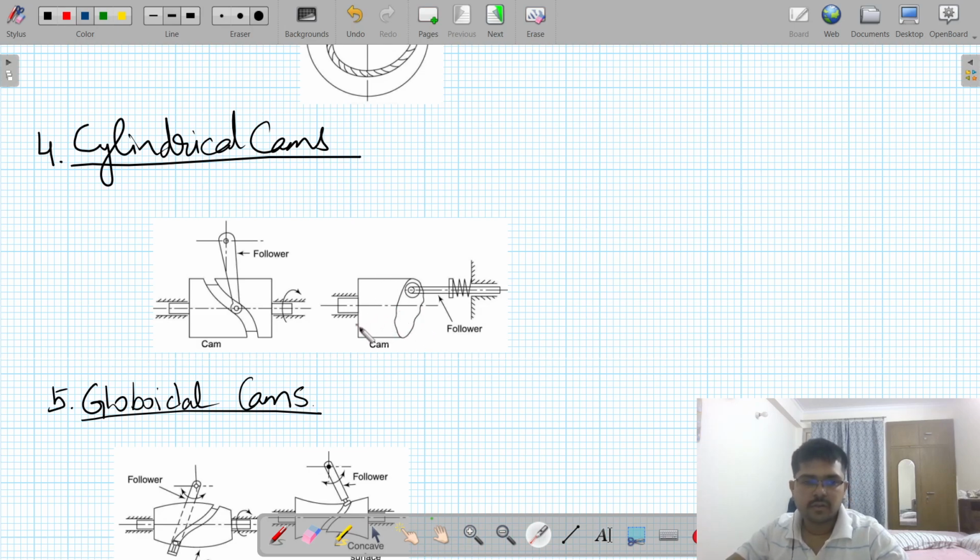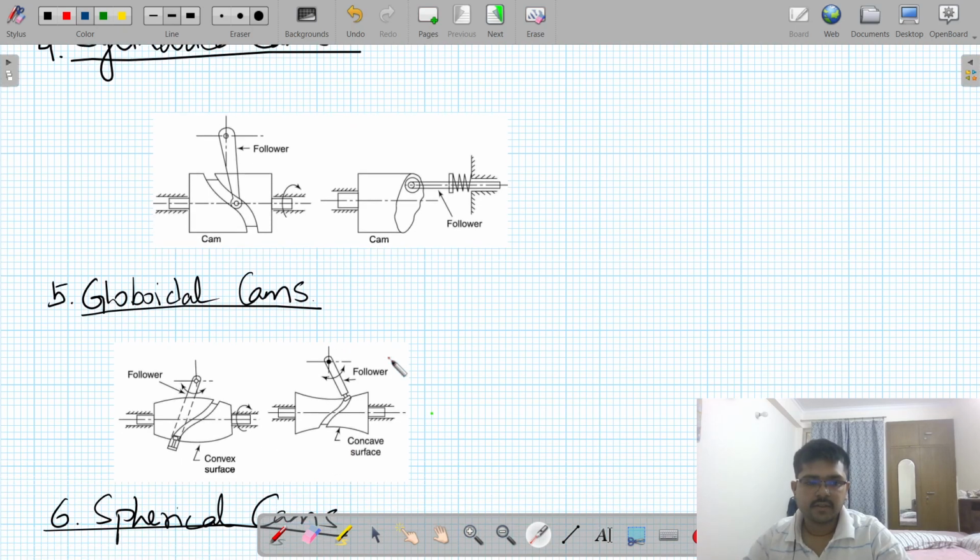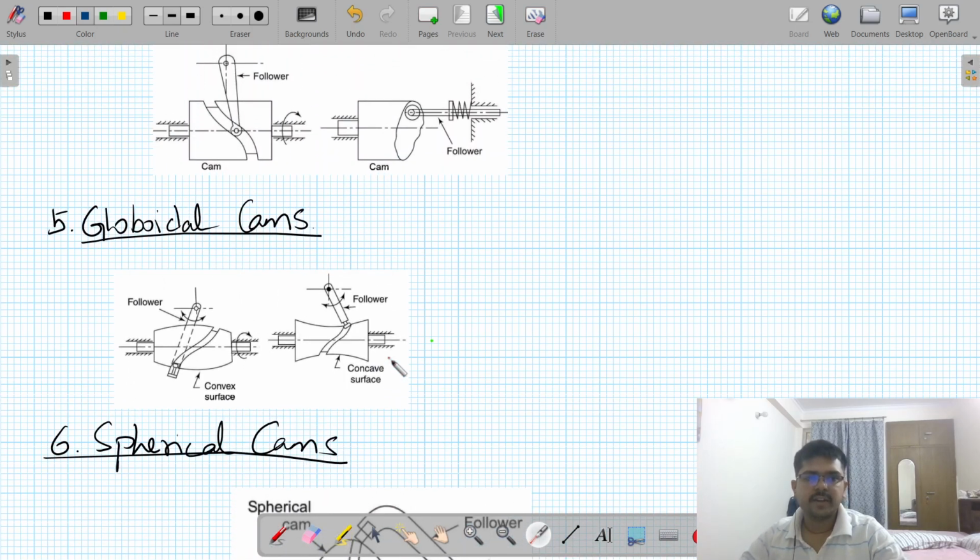Now what are globoidal cams? Globoidal cams are similar to cylindrical cams, just that they can have a curved surface, a convex surface, and this one is having a concave surface. There is a groove cut on the cam through which the follower moves.